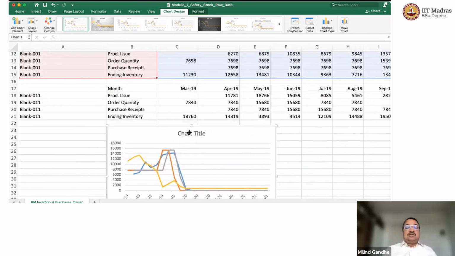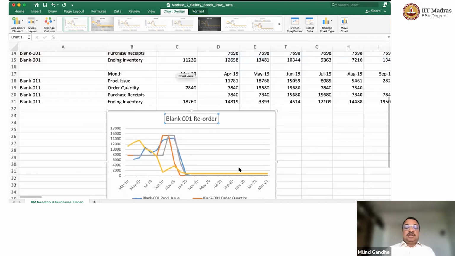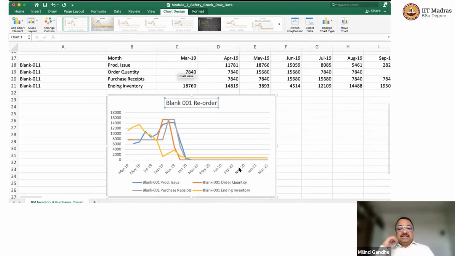So I'll call this, this was what? Blank 001 reorder or something. Now, do you want to keep all of these lines, or we can delete some of these?